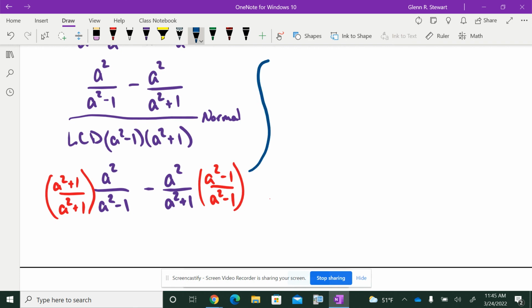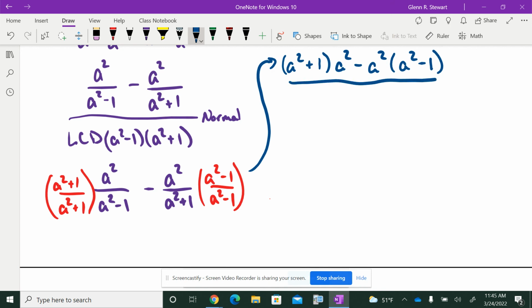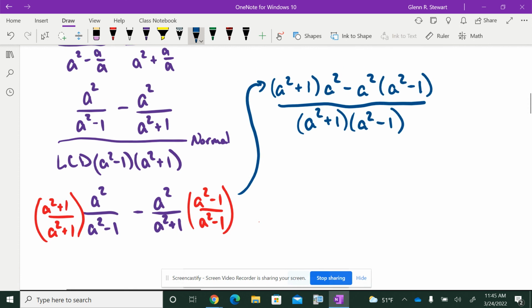All right, I'm going to just go up here for a second. This will make it so I have A squared plus 1 times A squared minus A squared times A squared minus 1. Hey, make sure you're following along with me. Over A squared plus 1, and then A squared minus 1. Okay, this is the last thing we're doing today.